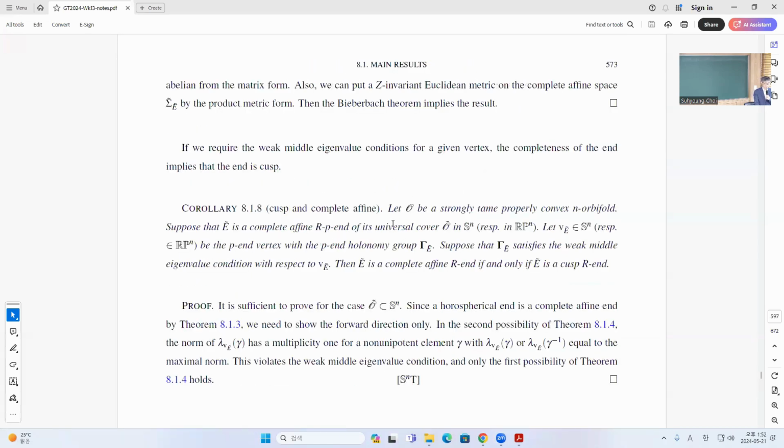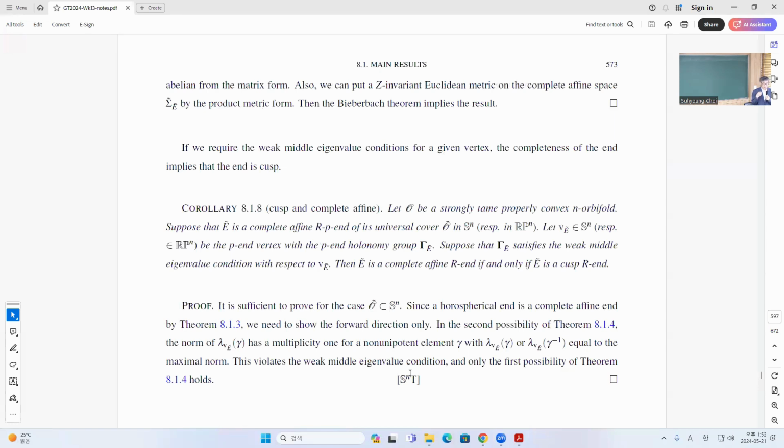So then this cusp and complete affine cusp case. So if it satisfies the weak eigenvalue condition, then it is actually complete affine if and only if it's a cusp end. So the reason is, of course, a horospherical end is of course complete affine. So we just need to show the forward direction, and so in the second possibility of this lemma, the norm has multiplicity 1 for non-unipotent elements and equals the maximal norm.